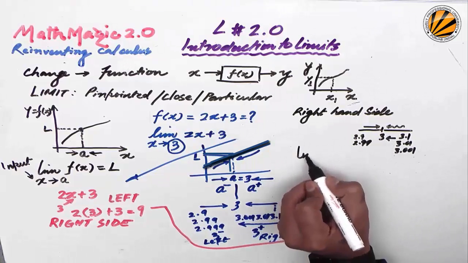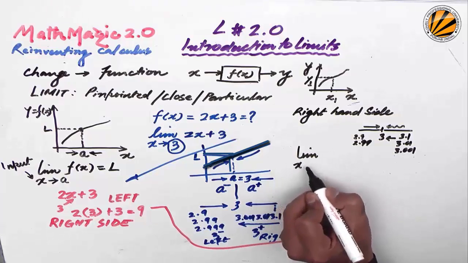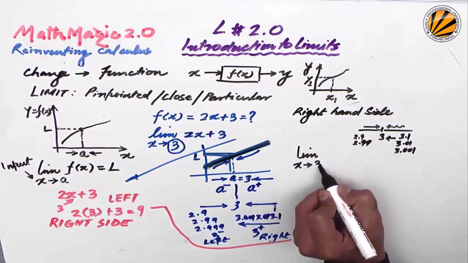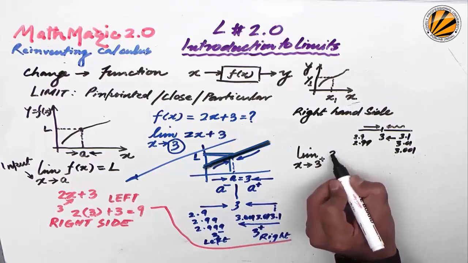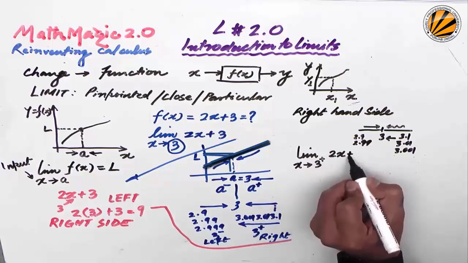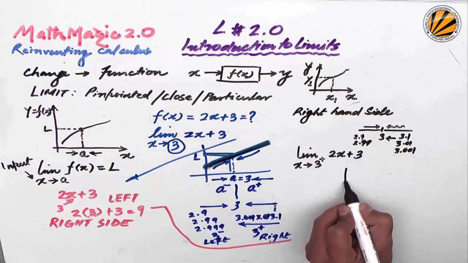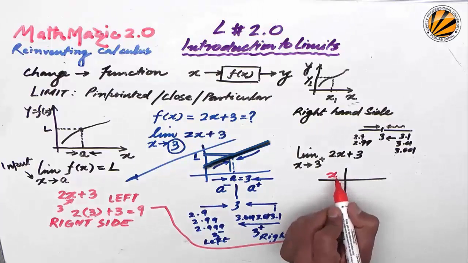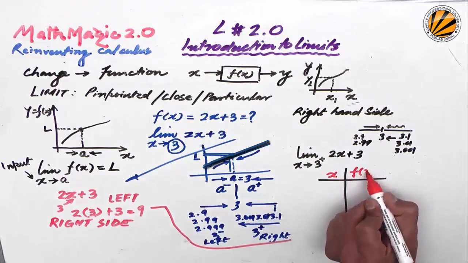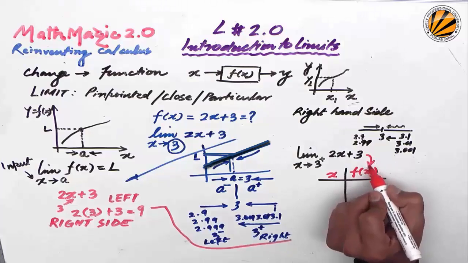And this is going to be depicted by limit x approaching 3 with a superscript of plus. The function, as you all know, is 2x plus 3. Let us draw the table once again. The input is this side and the output of the function, now you know that this is the function.